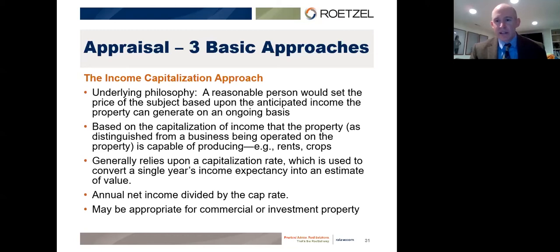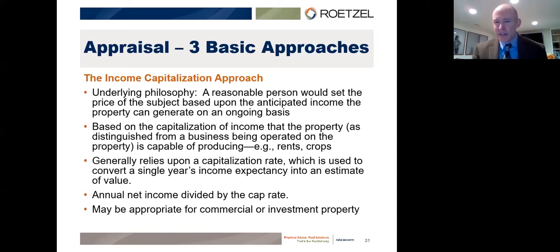And the way that the appraiser looks at it is they want to reduce the value of that income stream to present day value using what they call a cap rate, capitalization rate. And based on that calculation, they can figure out a value of the real estate itself.